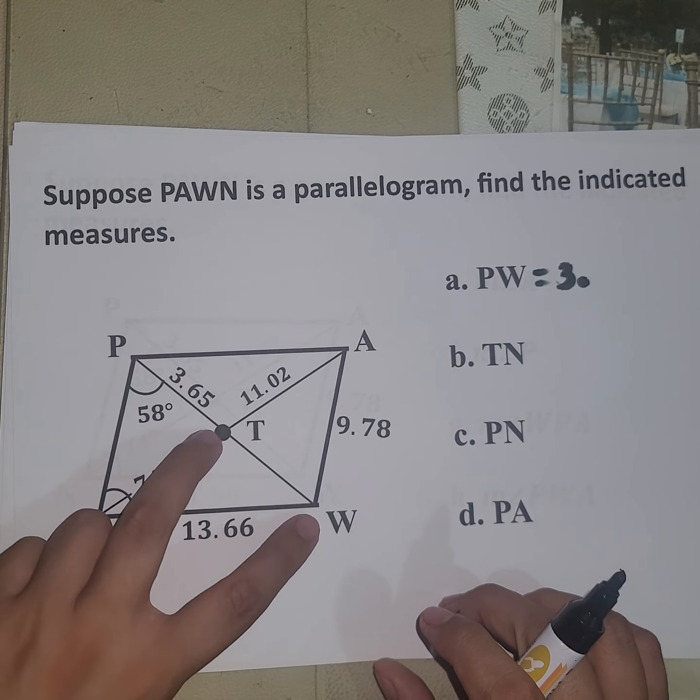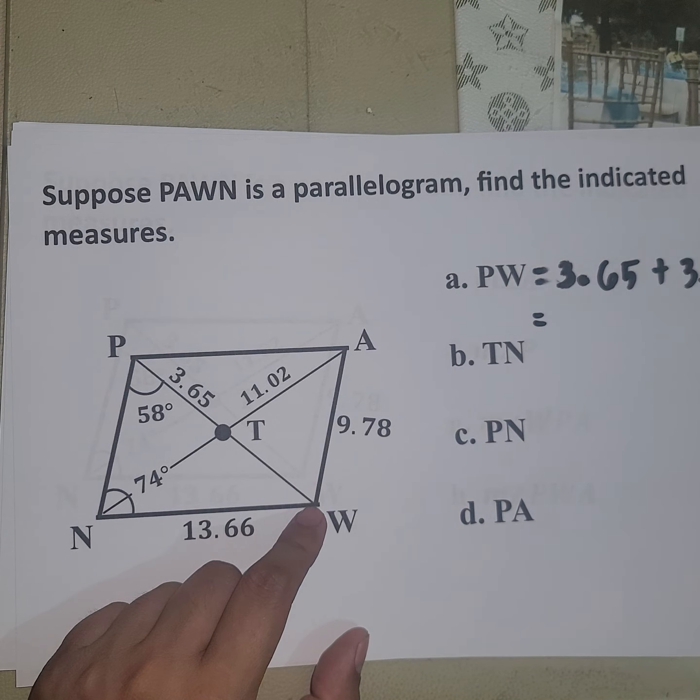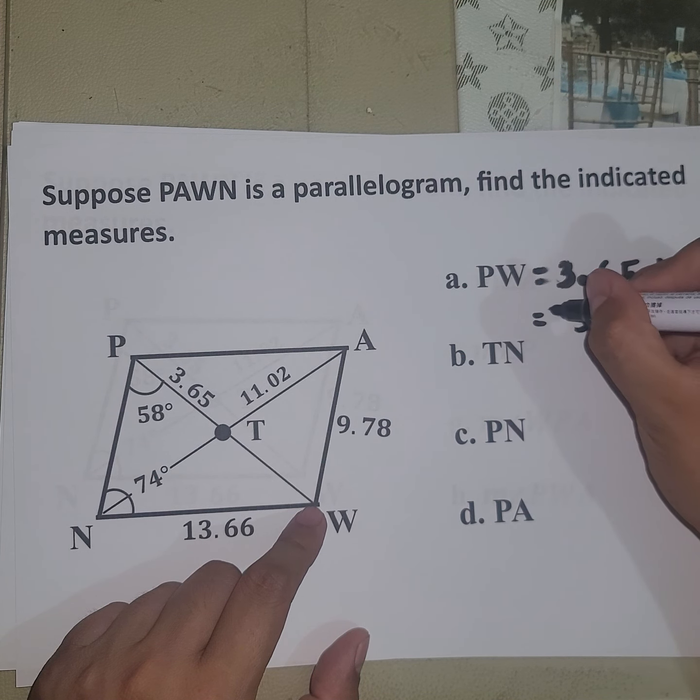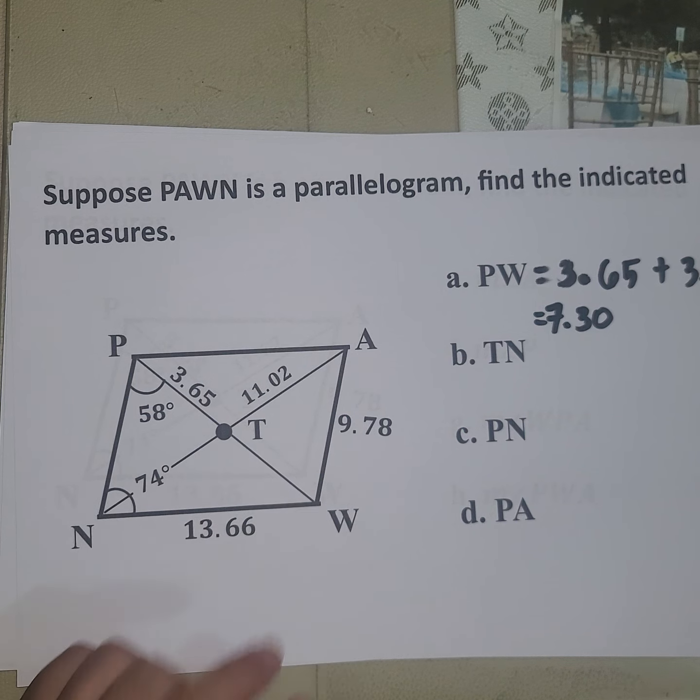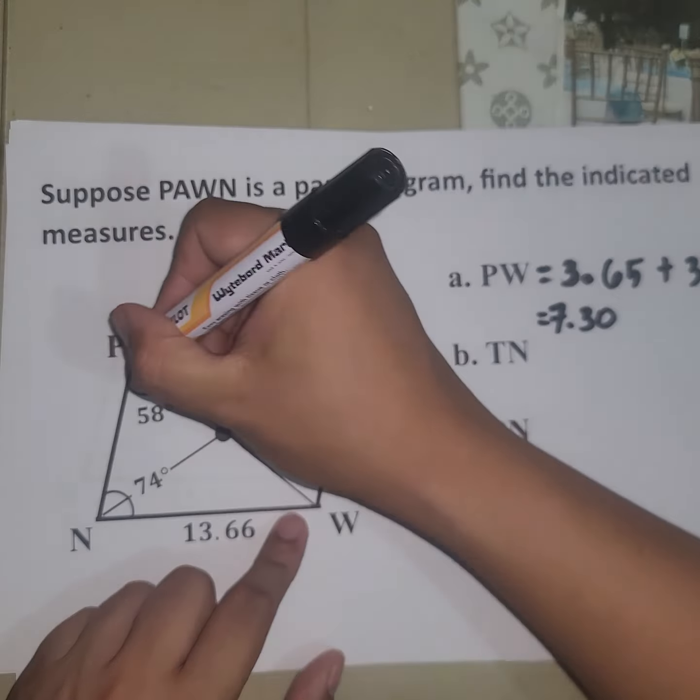So, 3.65 plus 3.65 is 7.30 or 7.3. So, the measurement of PW is 7.30. Okay, so let's have the next one which is TN.